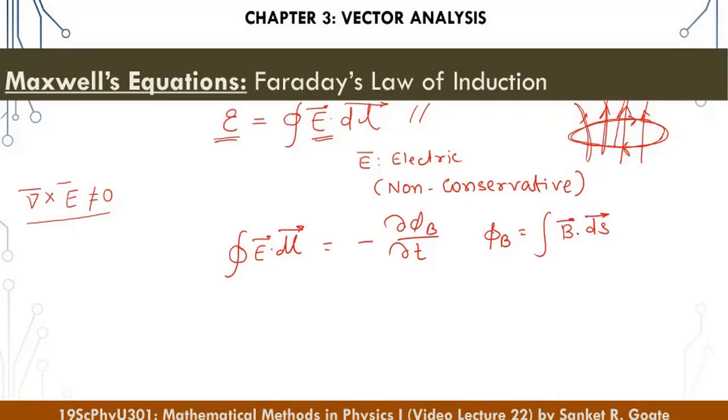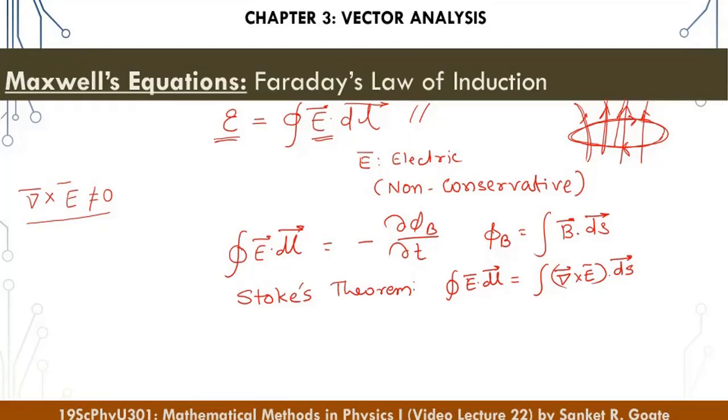Now what we will do is use Stokes theorem here. What does Stokes theorem do? It converts line integration to surface integration. Therefore, this E dl over the closed loop is equal to del cross E integrated over the surface.